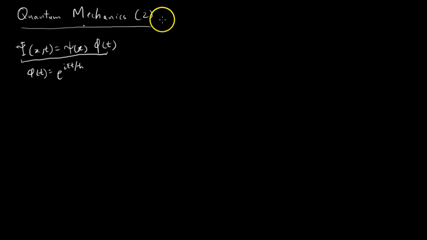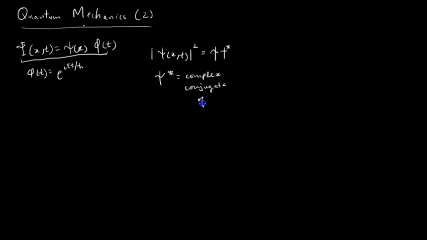take, let's say, the probability density, which is just the magnitude squared, or the modulus squared, of psi of x and t, this is going to be equal to psi times psi star, where psi star is the complex conjugate of psi.